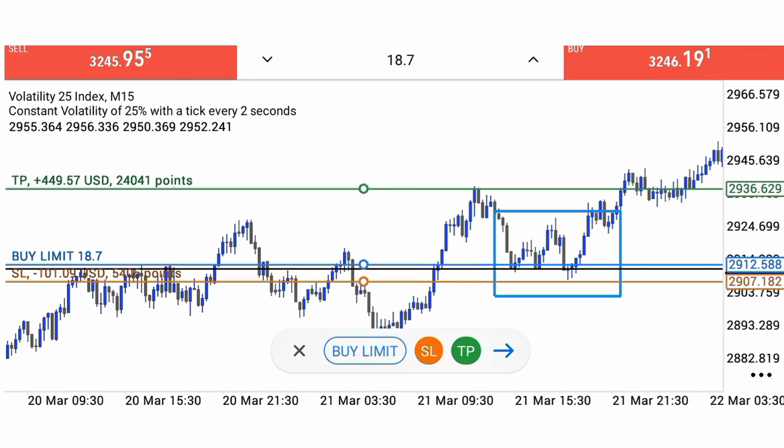That is 4 times your risk and more. That is almost 5 times your risk. So if you risk, let's say, $1,000, you'll be making $4,490 something for the trade. That's crazy, man. That's massive.